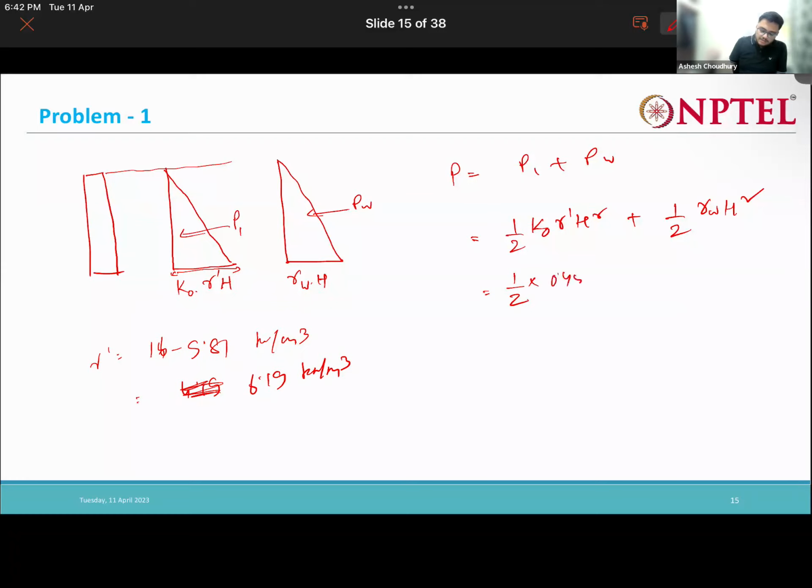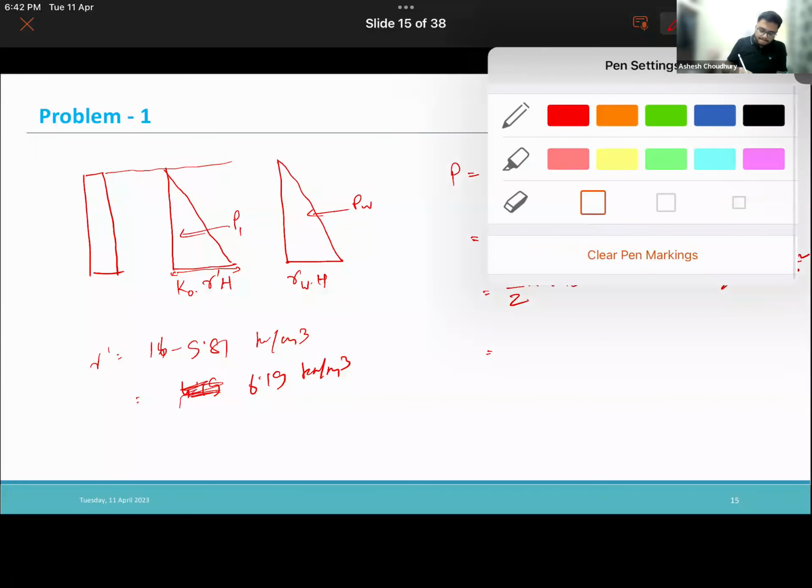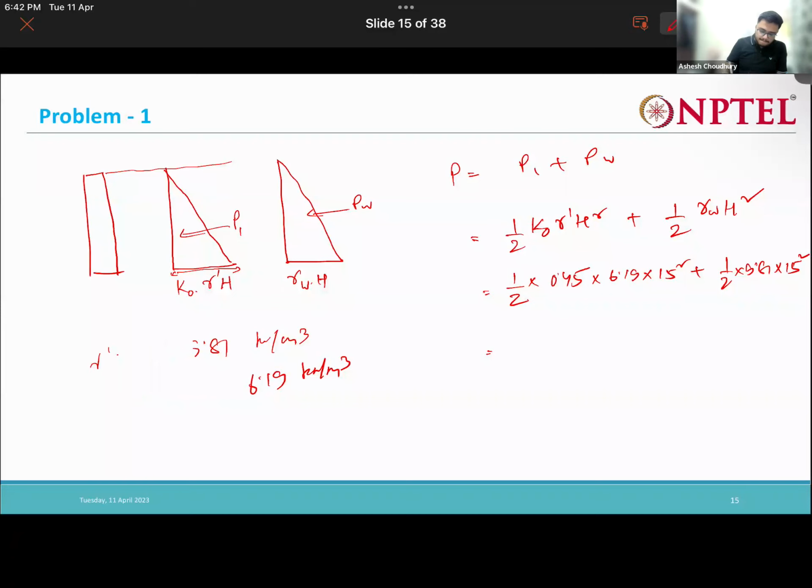Please calculate what will be the value. 1438.36 kilonewton per meter.